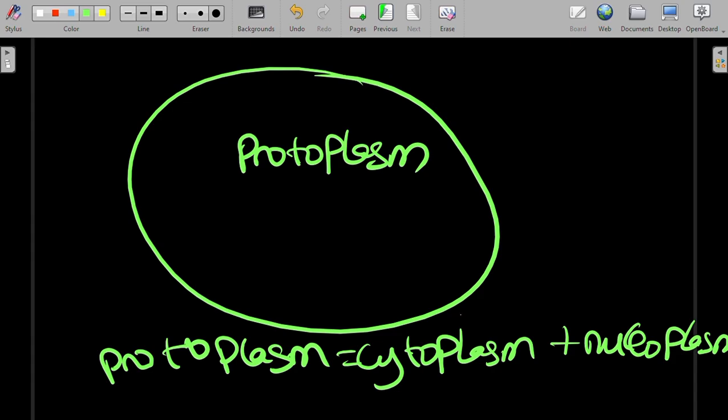So what is nucleoplasm? Nucleoplasm is the jelly-like fluid of the nucleus that has organelles. Don't worry if you don't understand that, I'll explain this later. Everything found inside the nuclear membrane is called the nucleus.